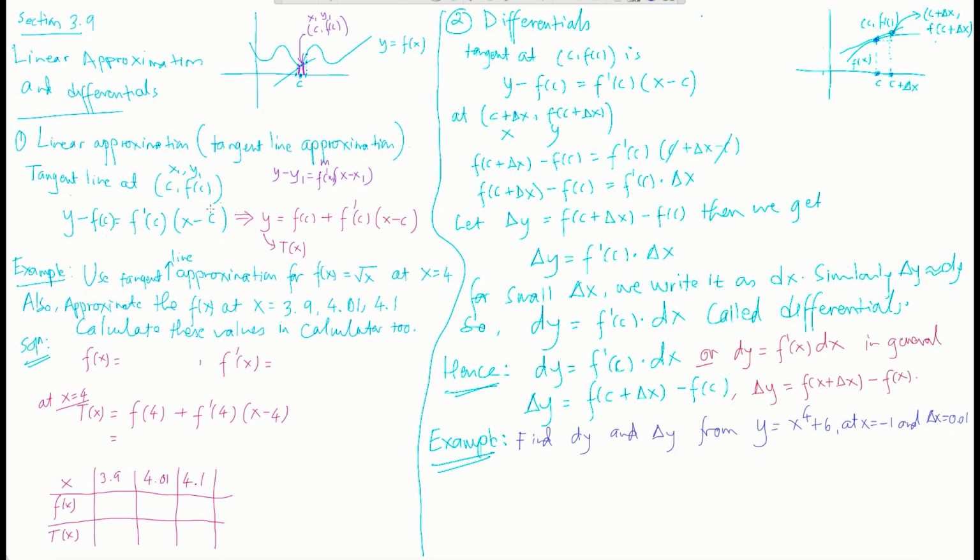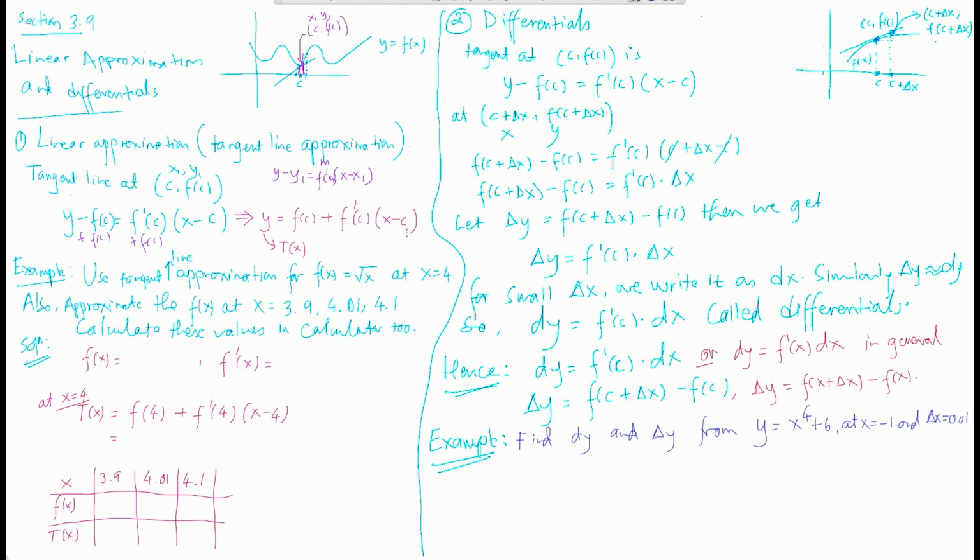You guys know this. Now, if you plug in that x1 is c and y1 is f(c), you'll get y minus f(c) equals f prime of c, which is the slope, times (x minus c). And if you solve for y, you add f(c) on both sides, and this is what you get: y equals f(c) plus f prime of c times (x minus c).